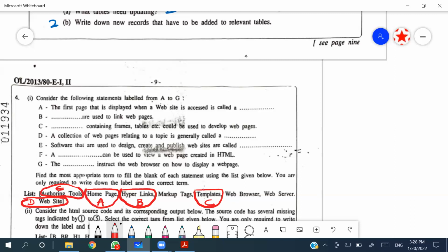So we use web browsers. So this is F. And G, the blank instruct the web browser on how to display a web page. It's the markup text, right? So this is G.